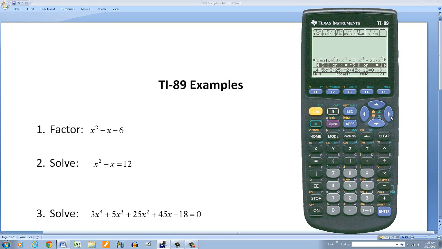Then scroll over to the right: x equals 1/3, here's another solution, and x equals negative 2, this is the other one. Now if I had used just the solve feature on this one, I would have only gotten the real solutions of 1/3 and negative 2. So if you expect imaginary solutions, or if you're not sure, just use this cSolve function.